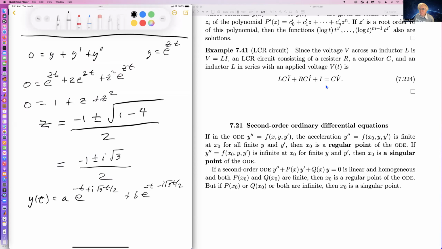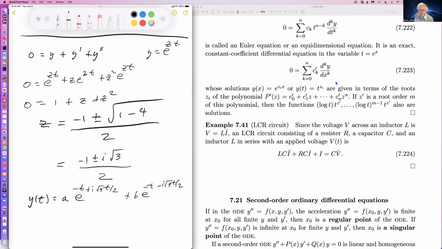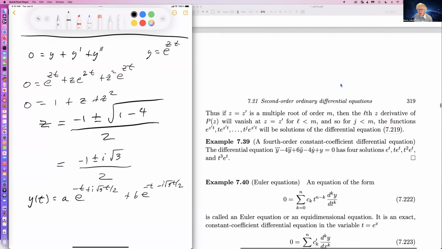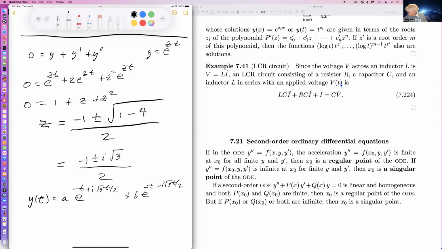Oh, we have an applied voltage though. So this is the differential equation, but I don't see any solution here since we have an arbitrary function here. All right, so let me look at that in the future, but not right now.